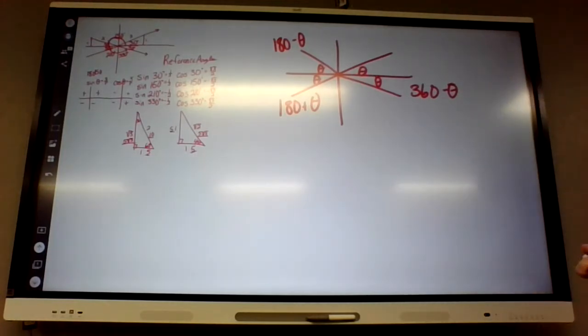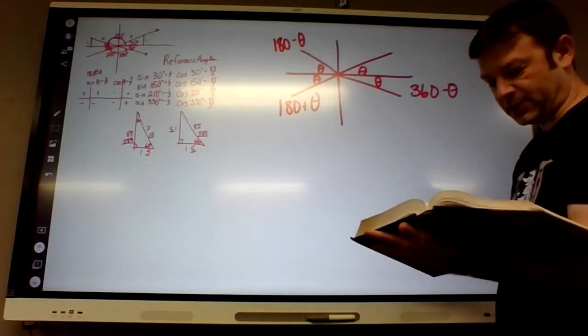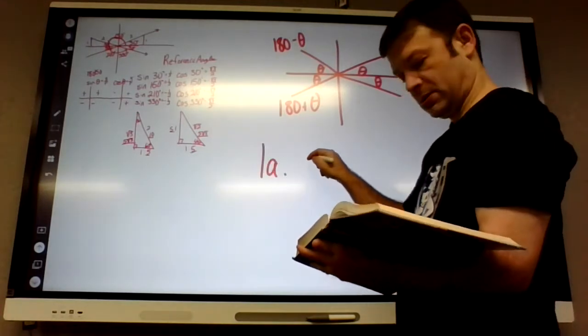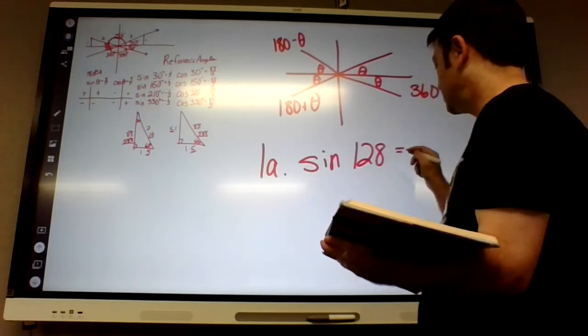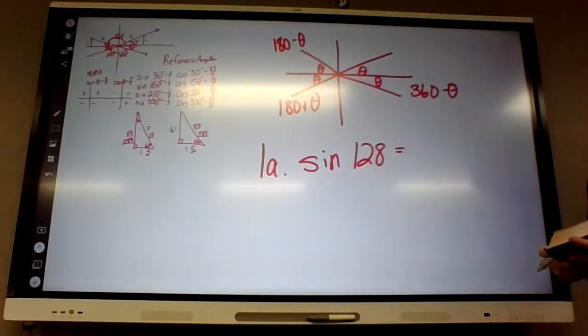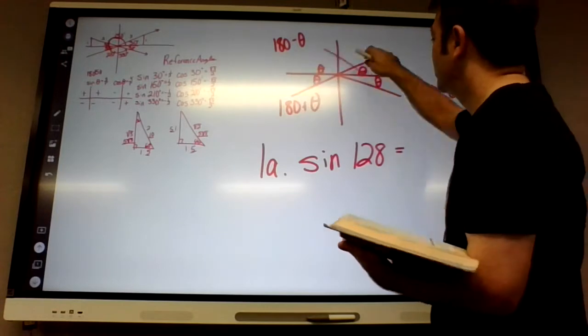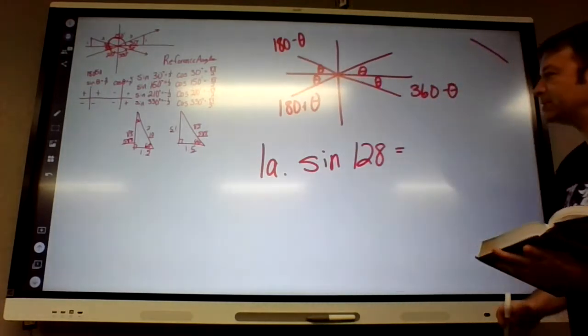Alright, so on number 1A, express each of the following in terms of the reference angle. So sine of 128 is going to equal. All right, what quadrant is sine of 128 in? Second quadrant. I don't like my drawing here. There, that's better. Second quadrant.